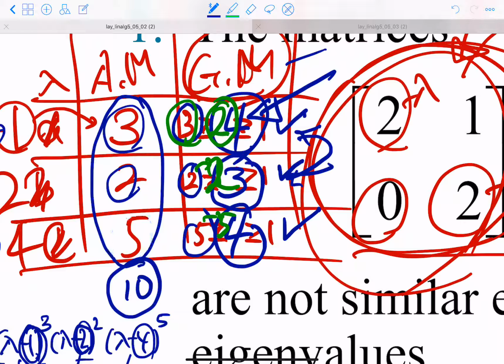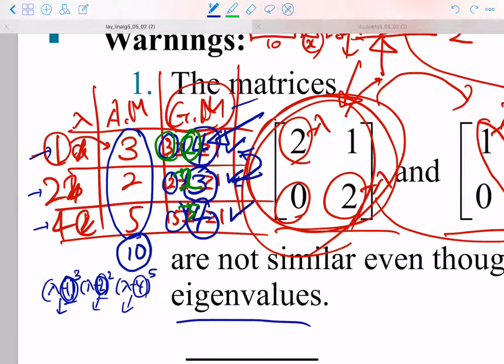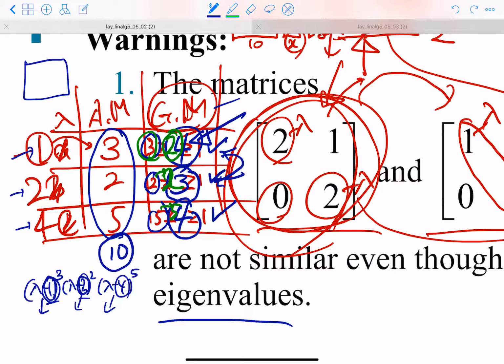And so in this case of a 10 by 10 matrix, that's why we have the sum of these algebraic multiplicities as 10, assuming that we have all real values as our solution for this 10th order polynomial, or 10th order equation.